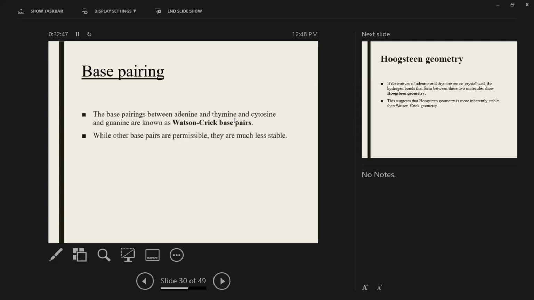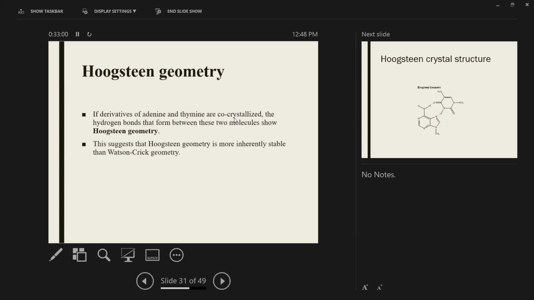Now, are these bases capable of other hydrogen bonding? Yes, they are. But in a double-stranded molecule, those other base pairings are not stable. If you make crystals of, say, adenine and thymine, they form very different hydrogen bonds.